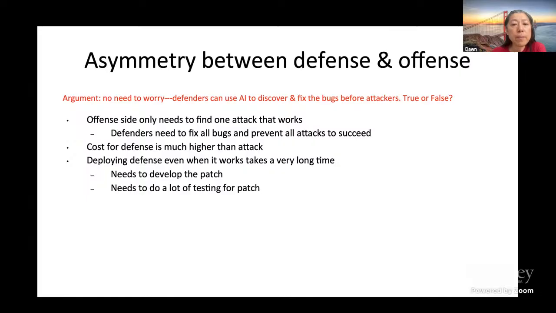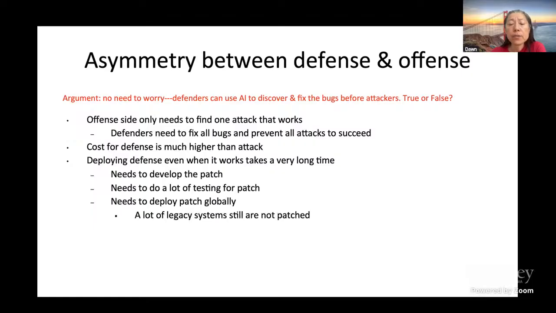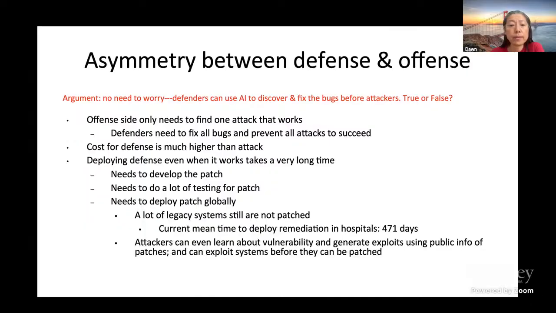One needs to develop the patch, do a lot of testing for the patch, and deploy the patch globally. So for example, a lot of legacy systems today are still not patched, even when the patches have existed for a very long time. And there are estimates that the current mean time to deploy remediation in hospitals takes close to 500 days.